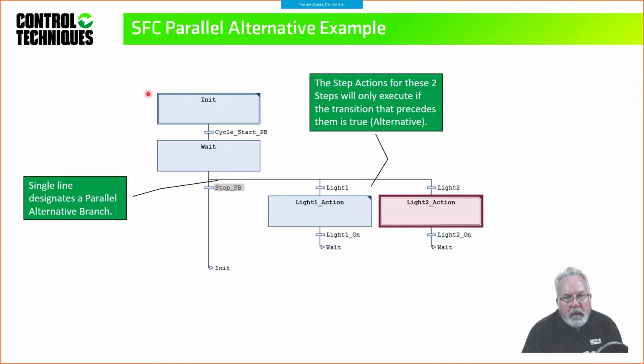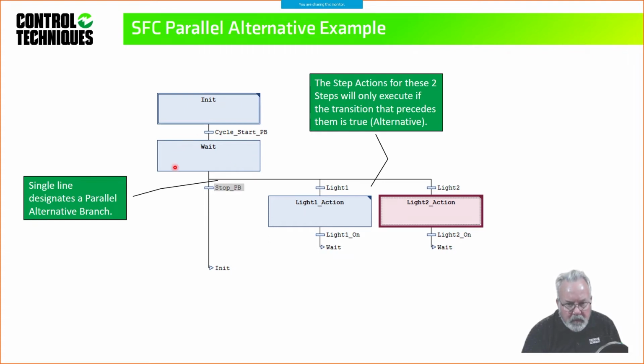So here is an example of a parallel alternative branch. A single line designates a parallel alternative branch. So what this means is I have a step called wait. Now, the step doesn't contain any actions because I would see that here.